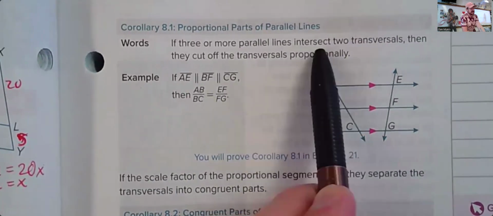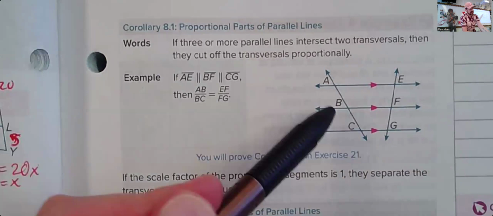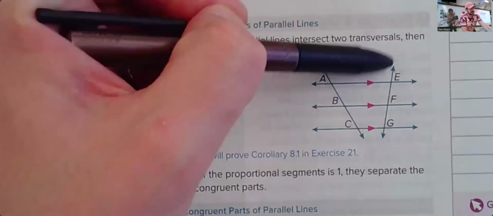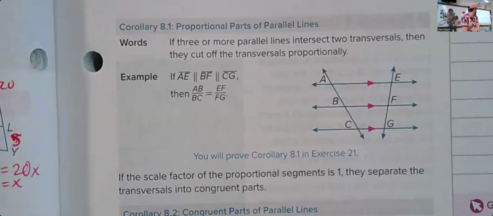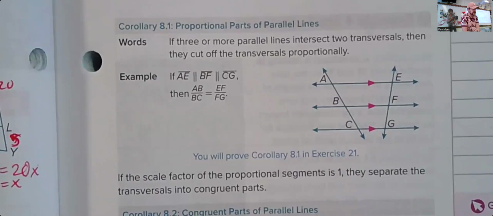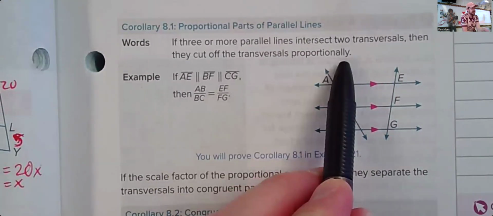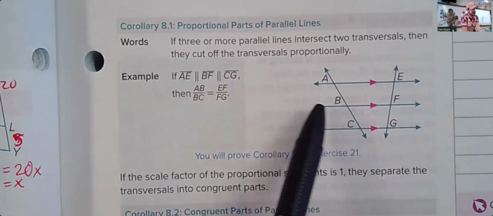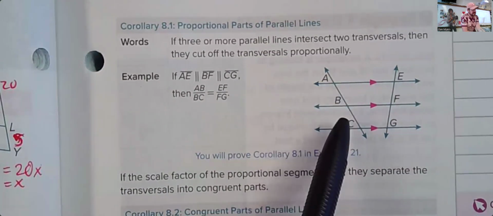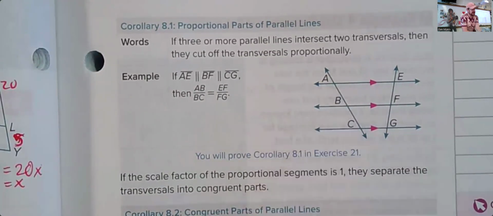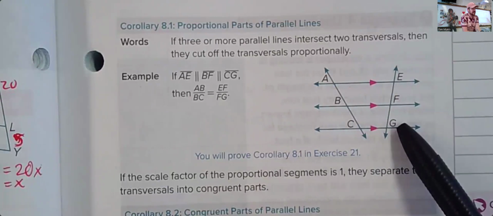If they are intersected by 2 transversals, here's one transversal, here's another, that means they cut off the transversals proportionally, meaning the relationship between AB to BC is going to be equal to the relationship between EF and FG.